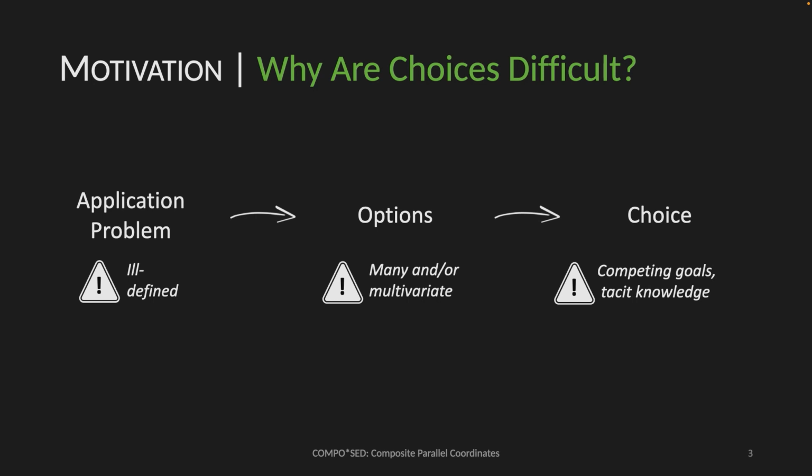The actual choice then involves conflicting goals, but is also shaped by the experience and domain knowledge of the individual who's making that choice. To summarize, it relies on highly subjective preferences, which might even shift as we learn what level of performance is achievable under which conditions.